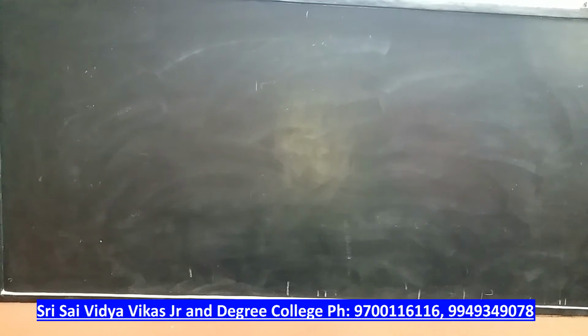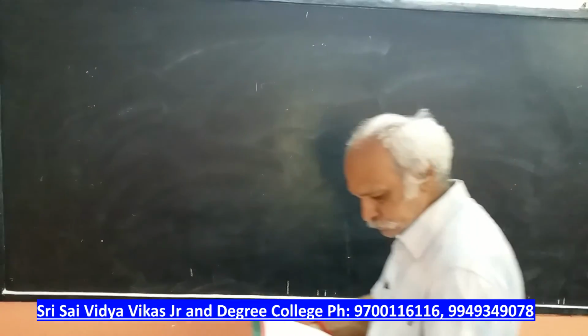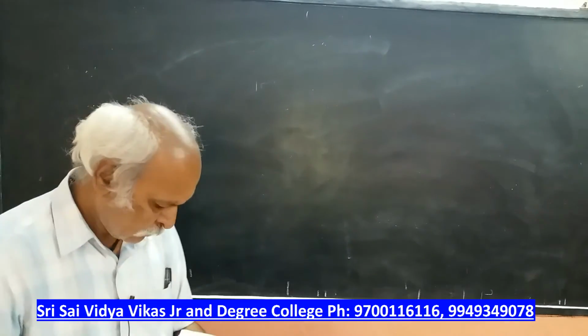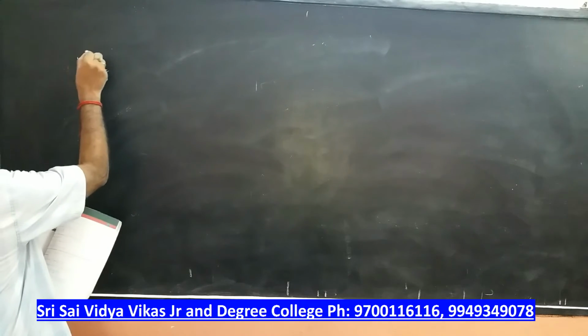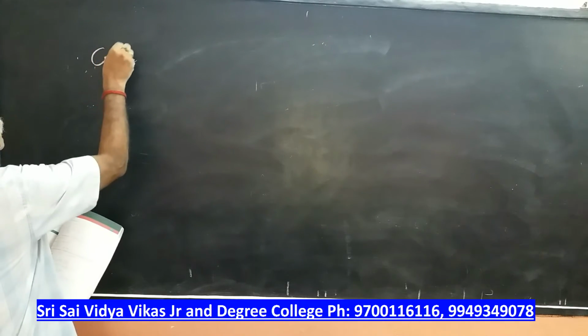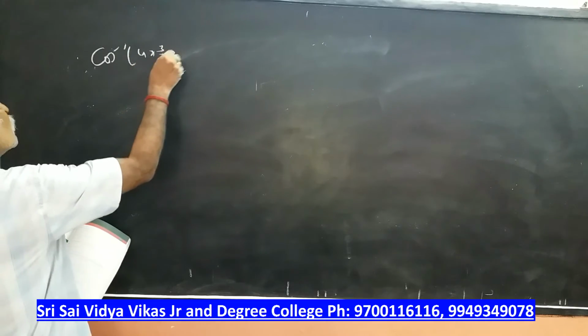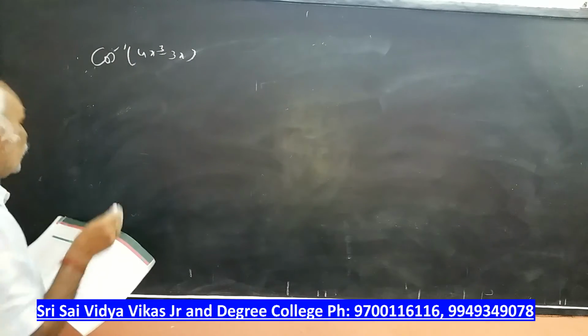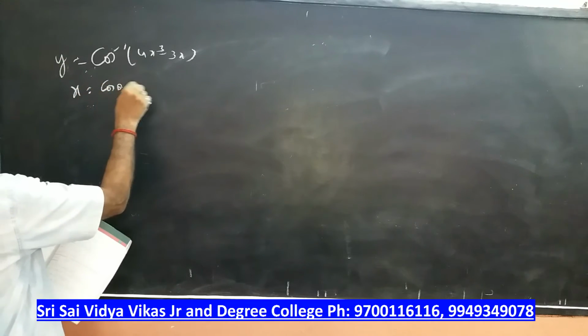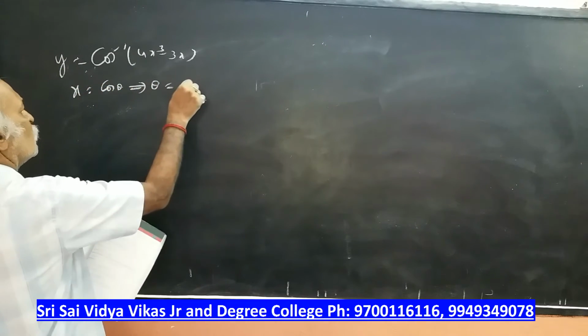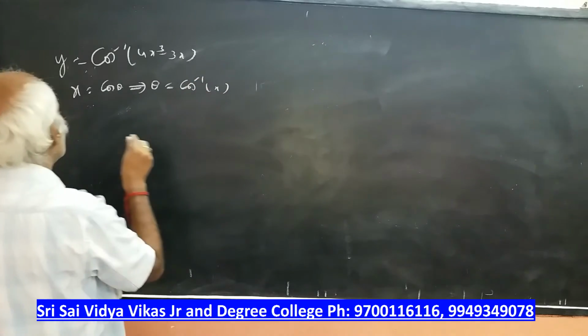Next. Observe here. cos inverse of 4x cube minus 3x. So again, x is equal to cos theta, theta is equal to cos inverse of x.